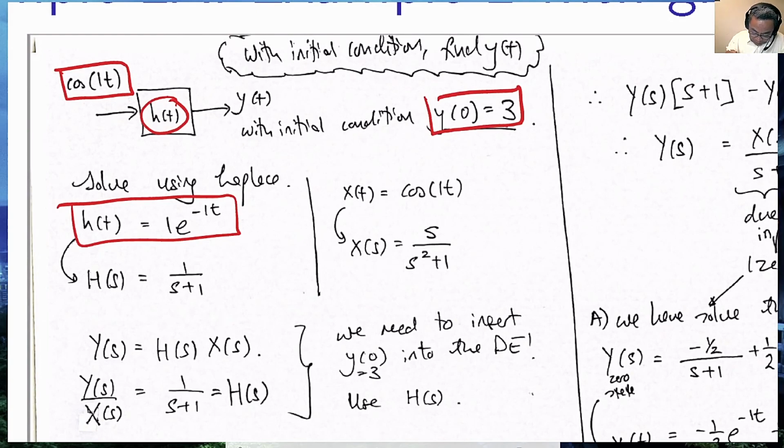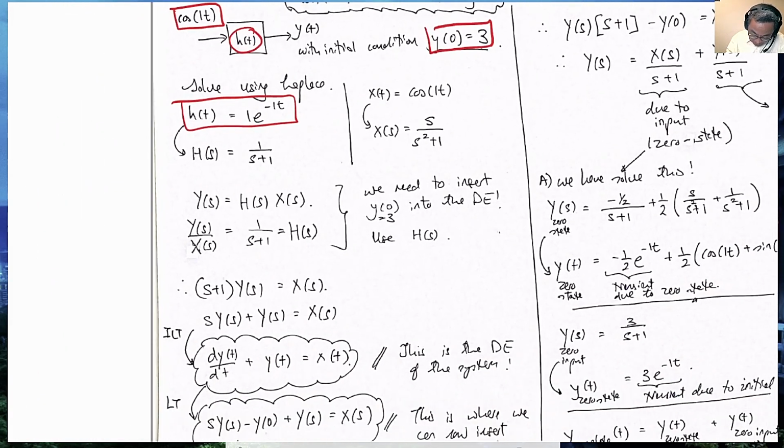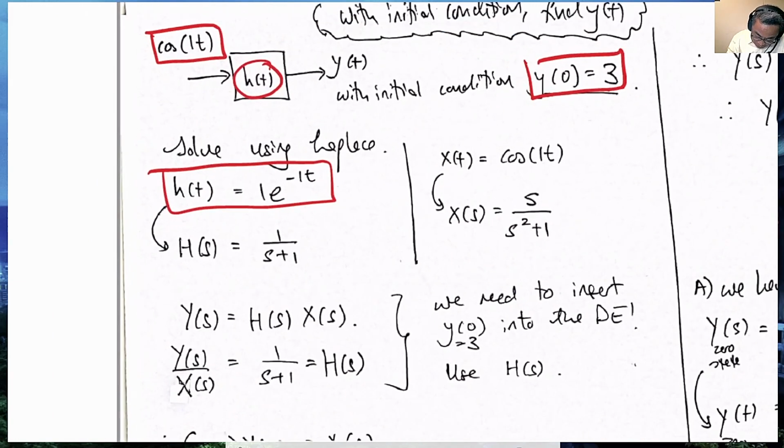Alright, we have to find first the differential equation that is given to us from this information, because only from the differential equation can we insert y0 in later on. You'll see. Okay, let's try. So first, if we are given h of t, we can do Laplace transform, and we get h of s.